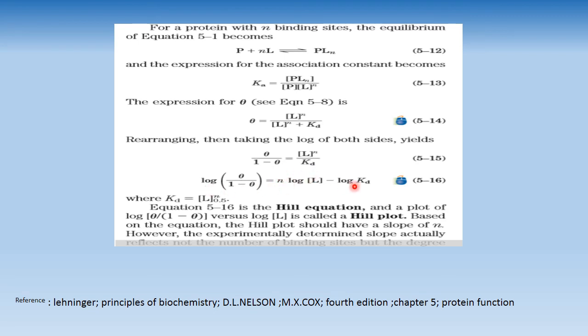In this way you can utilize the Hill equation to find the concentration of the ligand, the dissociation constant, and what fraction of the total available binding sites has been occupied.